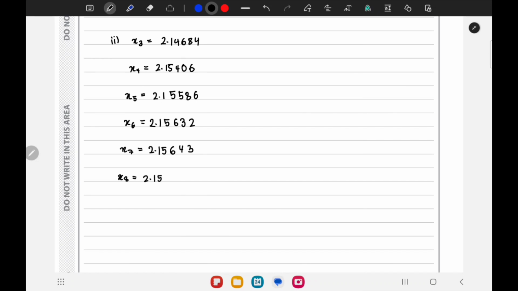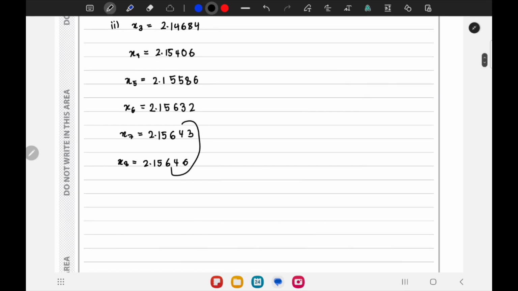We'll continue until we see that consecutive values have the same value up to 4 decimal places. So these two up to 4 decimal places don't have the same values, because this will round up to be 2.1565.